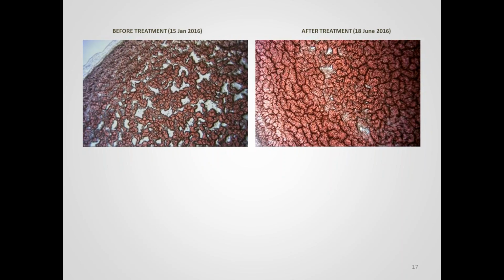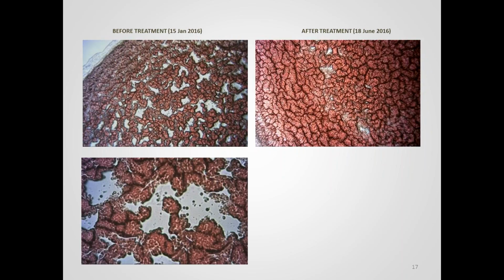You can see the change that has taken place here. There was a very high percentage of displacement of the blood in the initial visit, and after treatment about 6 months later, you can see that most of those areas have closed and knit together, and we're not seeing nearly as many white areas.